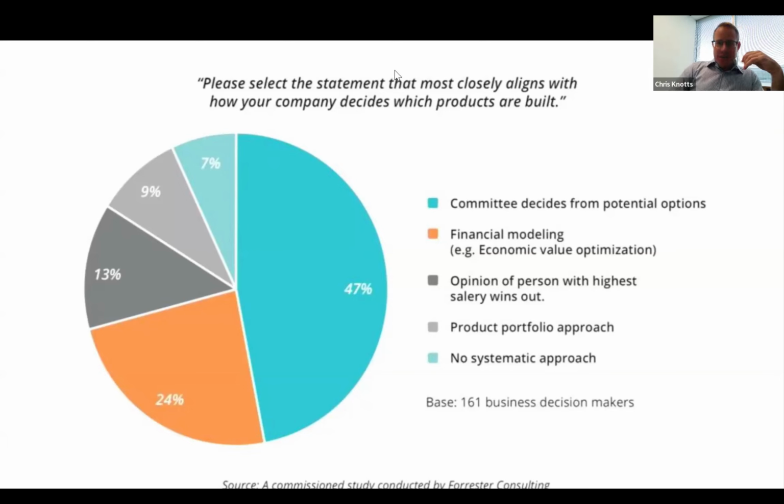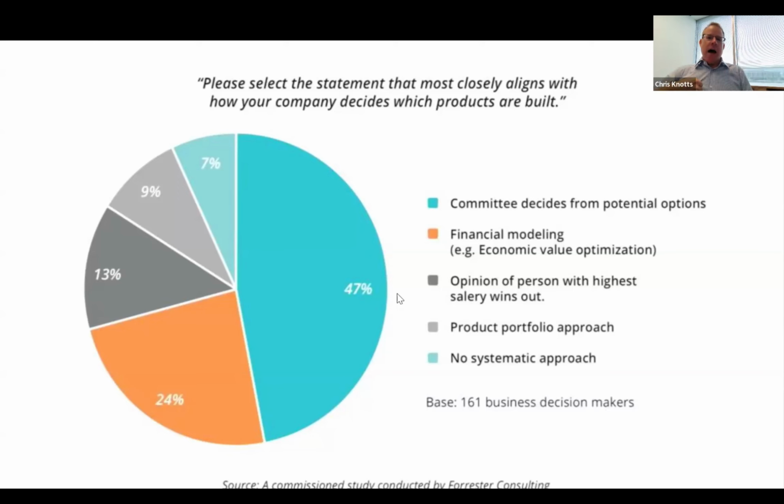So I think there's an important point here. Let me see. Do I have the ability to annotate here? I don't think I do. So hopefully you can see my cursor. But if you think about it, this really basically boils down to two categories: whether or not there's a methodical approach.